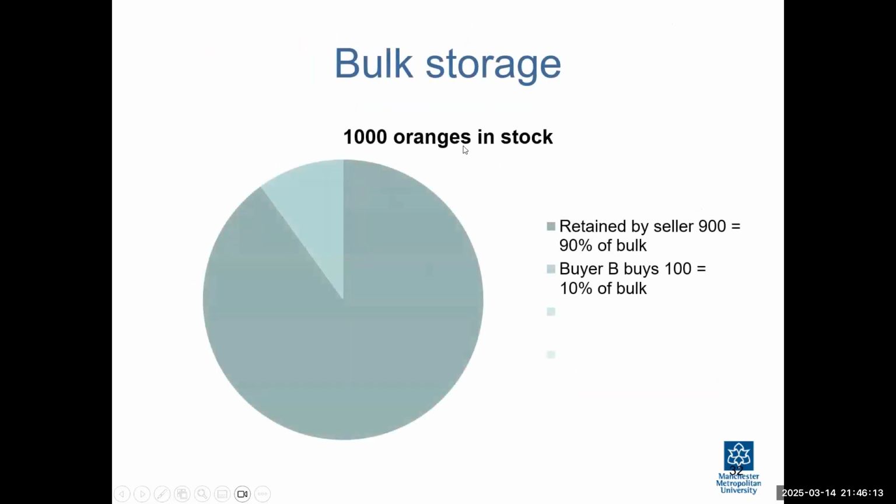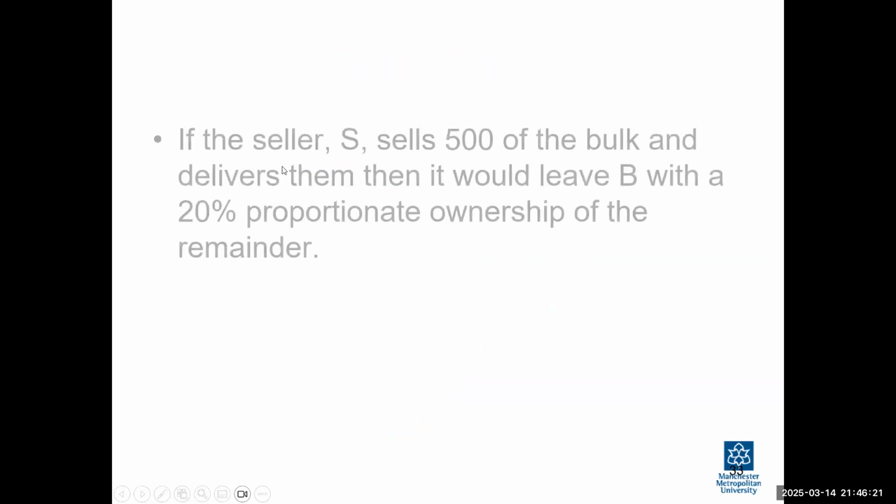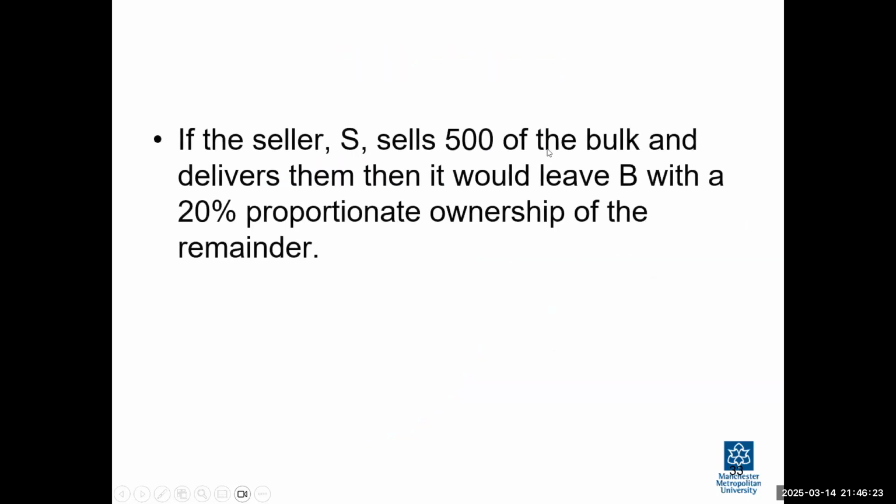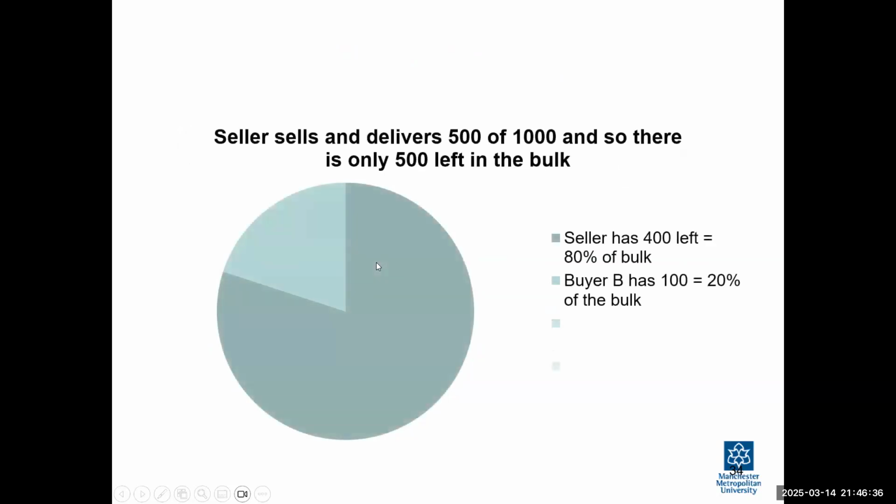So this is an illustration of that. There are 1,000 oranges in stock, 900 retained by the seller, and the buyer has 100 of it. If the seller sells 500 of the bulk and delivers them, the buyer will be left with 20% of the remaining 500. He has an interest in 100 of anything that is left.